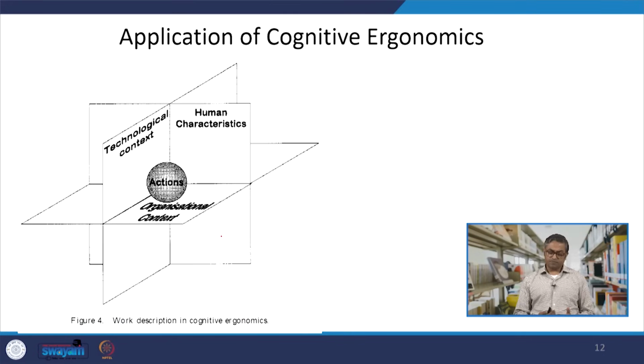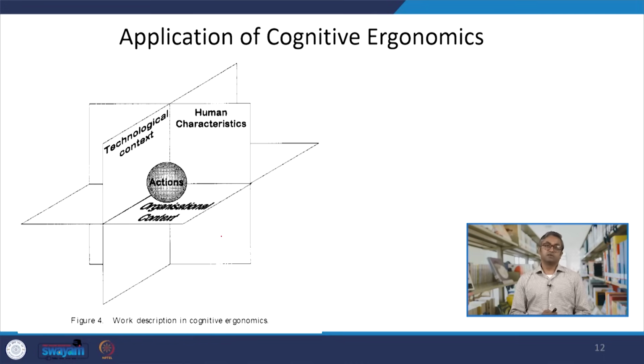Now, when we see the application of cognitive ergonomics, we see that there are three planes to cognitive ergonomics. The first plane is the human itself. The word cognition is there. Without a human being, there cannot be cognition. Without human beings, there cannot be ergonomics as well.